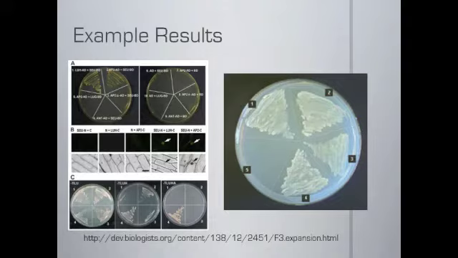Just here at the end, here's kind of what it would look like once plated out. A few examples here on the right. Obviously, you see 1, 2, 3, and 4 have growth, and then 5 does not. What we would hope is that 1, 2, 3, and 4 were bait and prey, and 5 was the unrelated protein and the prey.